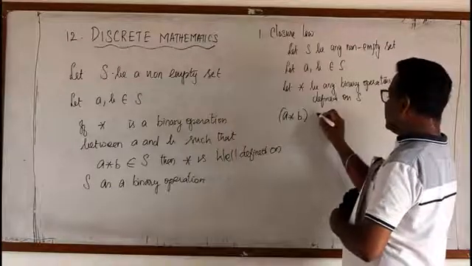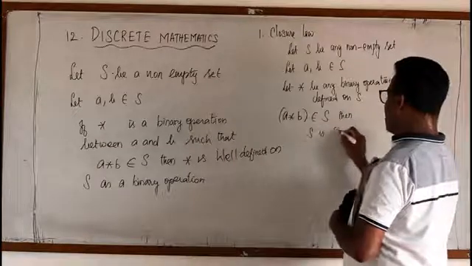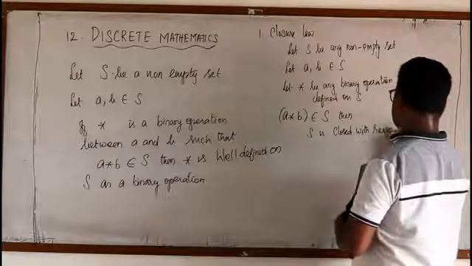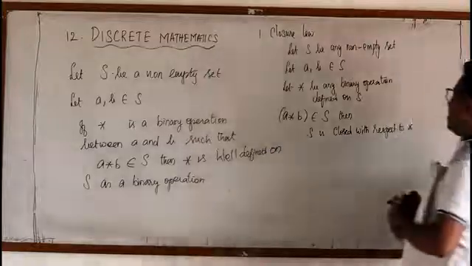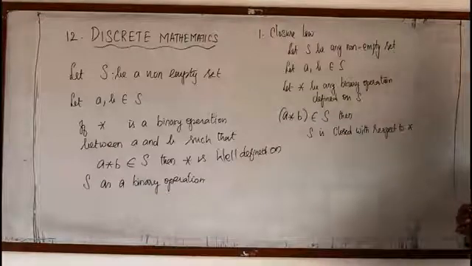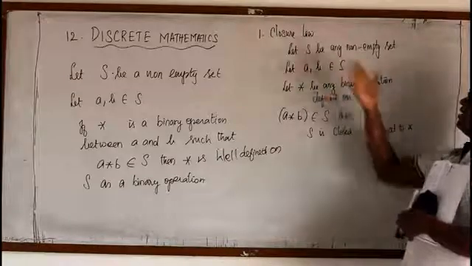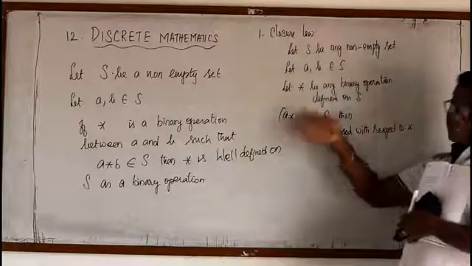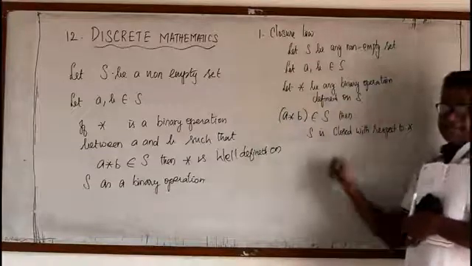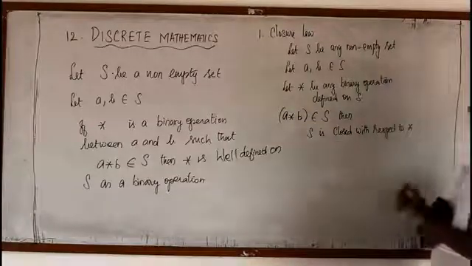If A star B is also in S, then S is closed with respect to star. This is called the closure law. If I take any two elements and operate by the operation defined on S, and the result is also an element in S, then we say S is closed with respect to star.